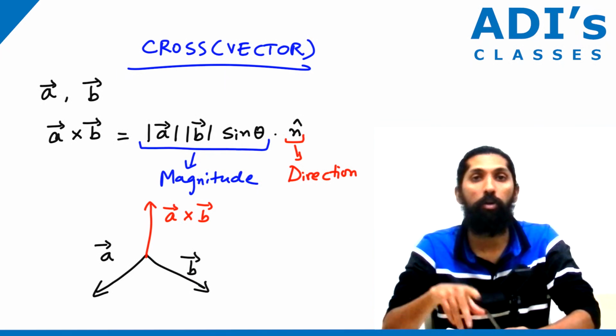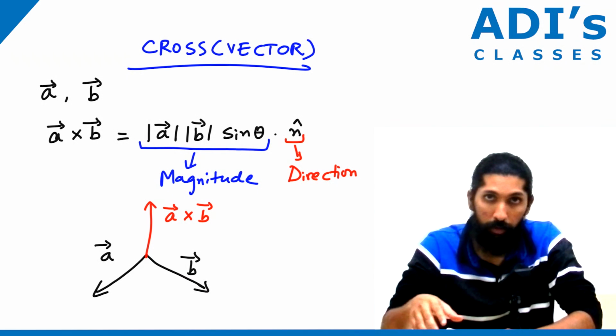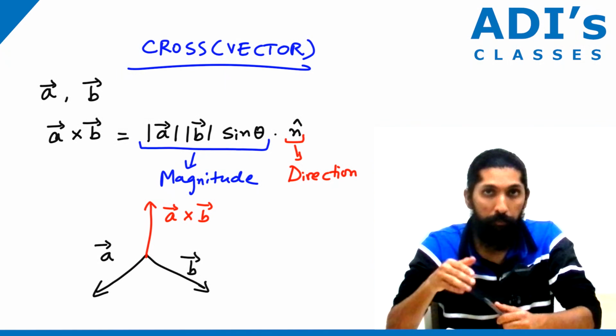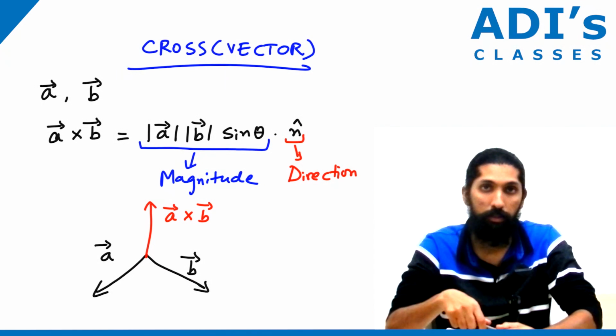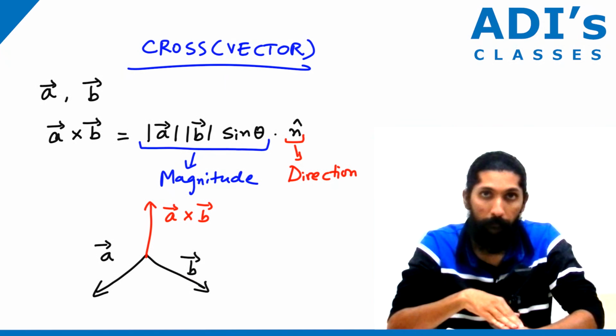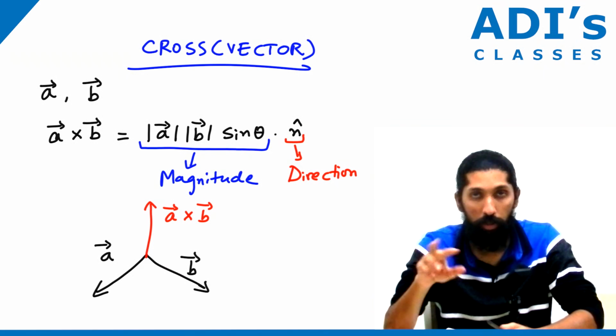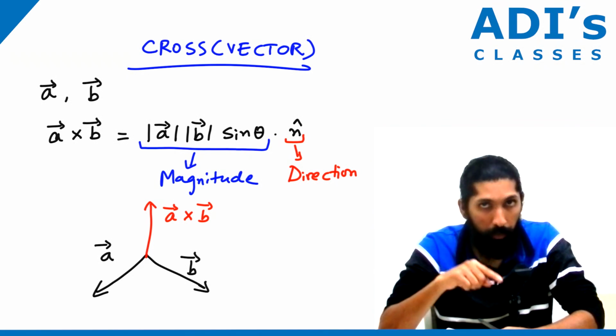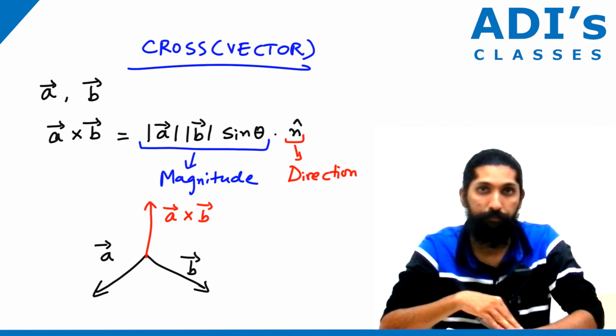That means the cross product or vector product between any two vectors is always perpendicular to the plane containing the two vectors. If vector A and vector B are in the xy plane, then the cross product between these two is going to be along the z axis, which is perpendicular to the xy plane.